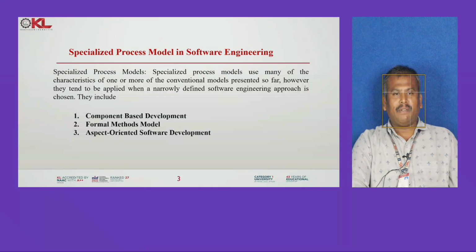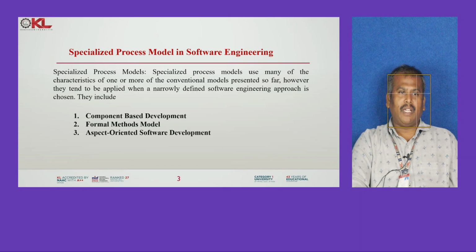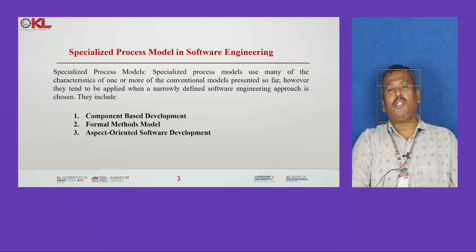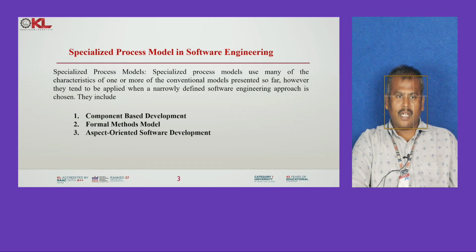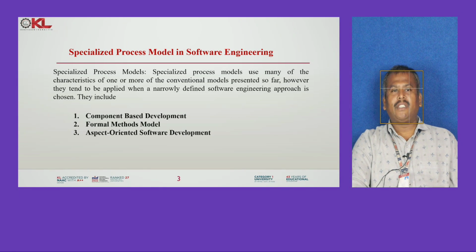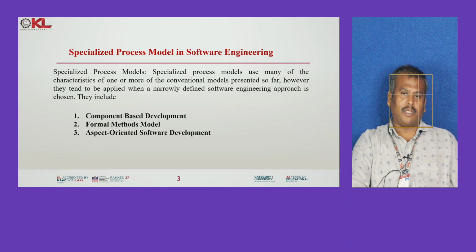Later we move to the next phase, which are called the linear models, the incremental models, where you are going to see that the customer is involved in some means. Now it is also a rigid model. Now we are going to move to the next models, which are called the specialized process models.